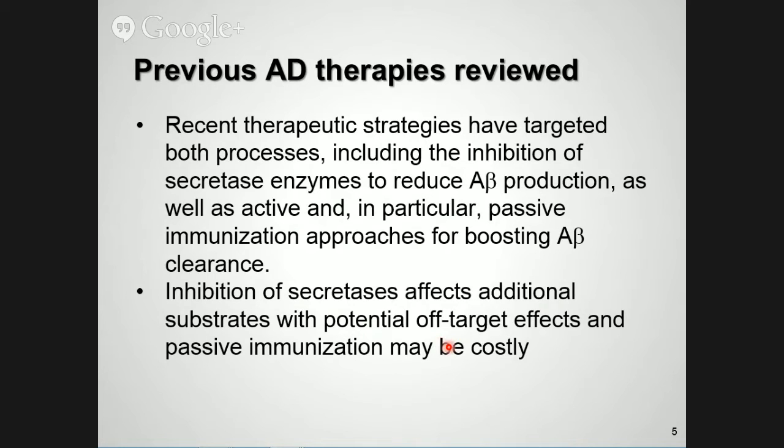And there are many off-target effects. So you will not just affect the pathway that forms the different beta amyloid peptides, but you will have many other substrates being affected that may be deleterious to other processes going on in the body as well.